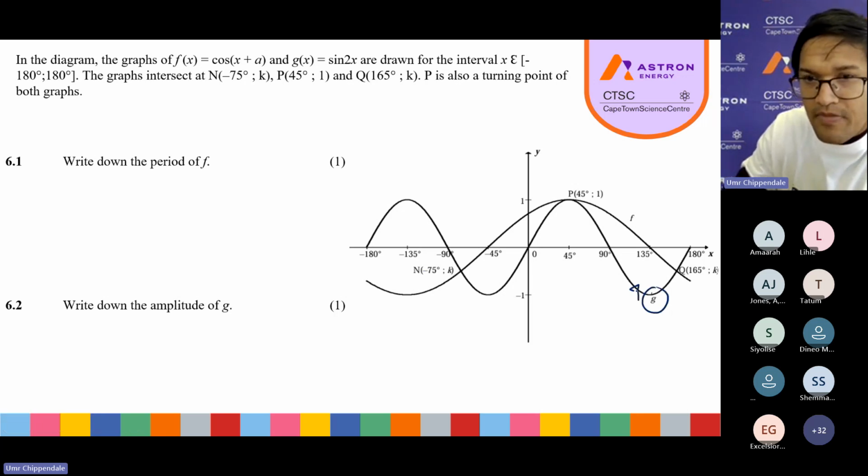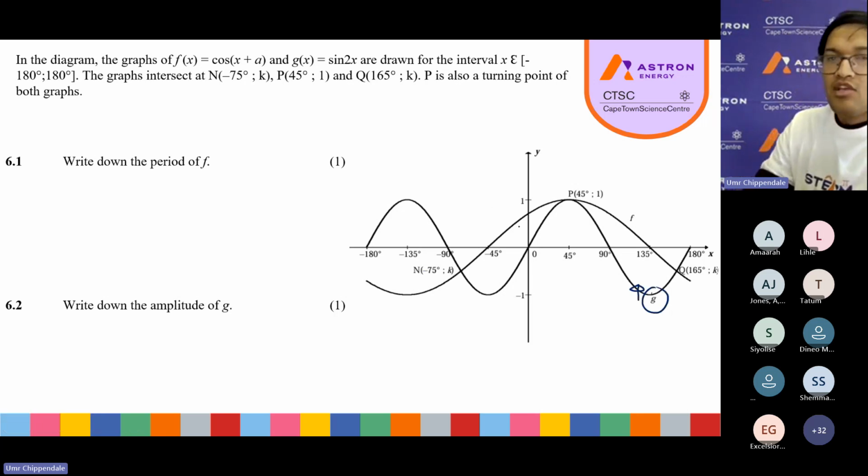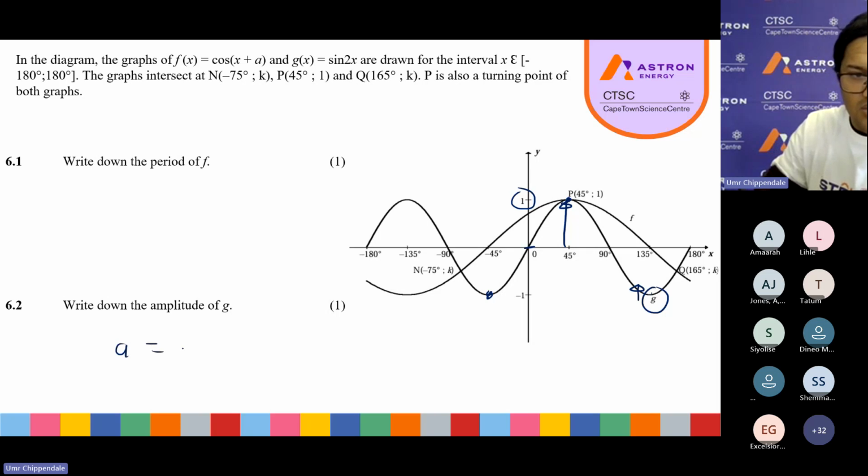When it gets to G, you look at the midpoint of the line, basically the middle part, and from there you look at its highest value and its lowest value. Where's the middle between the highest point and the lowest point? This one over here at 0. Where is the highest point? 1. So the amplitude is equal to 1.